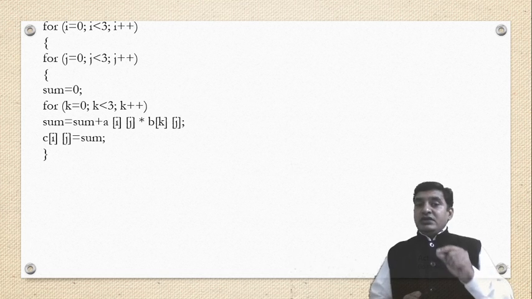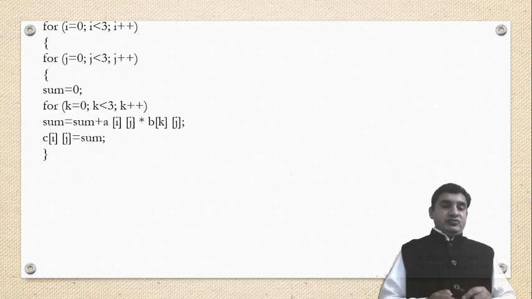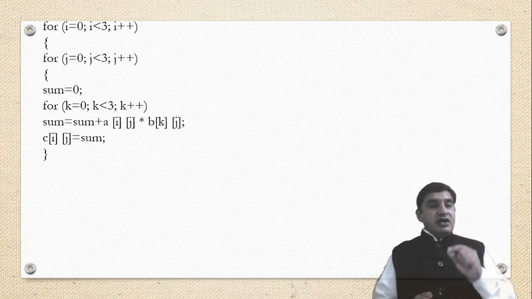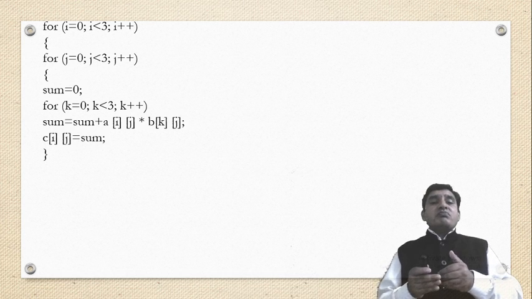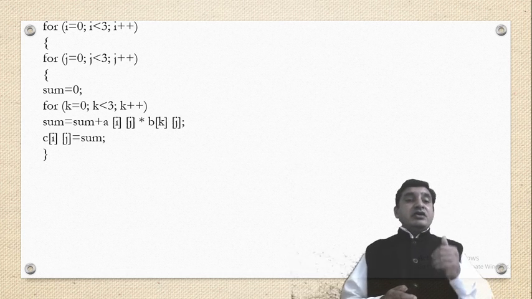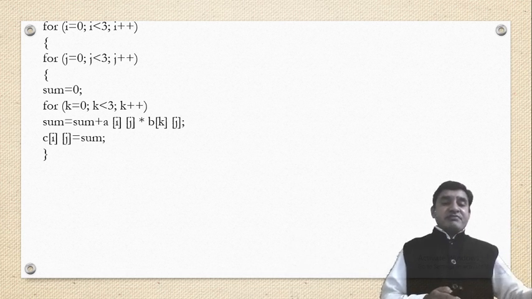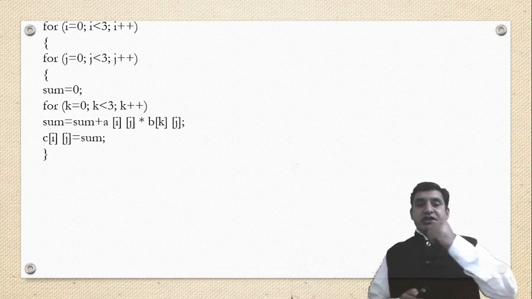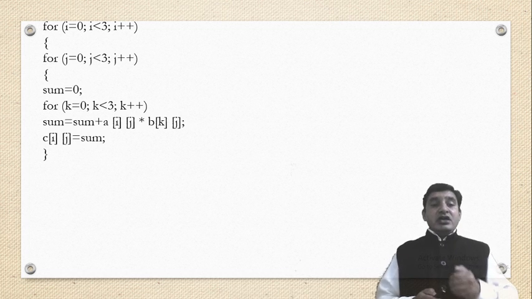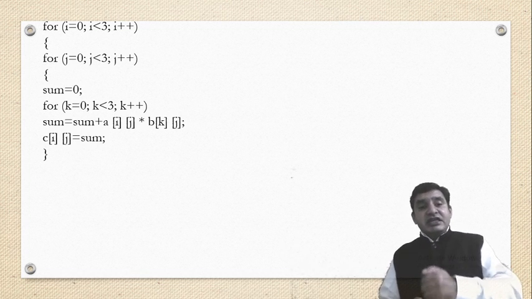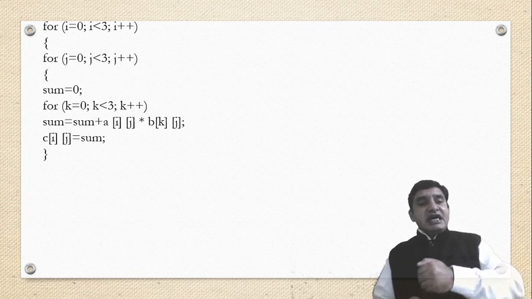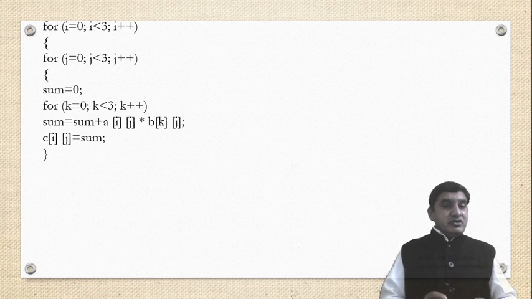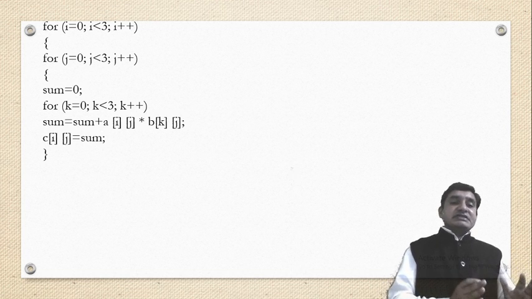matrix b[k][j]. Now here we have to multiply the element of the first matrix with the element of the second matrix, and this multiplication is added into sum.